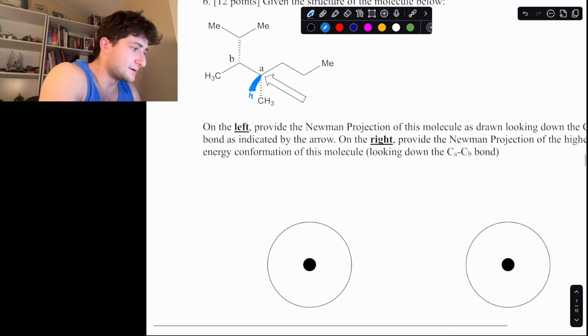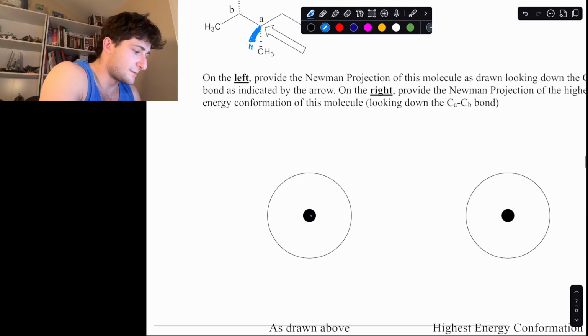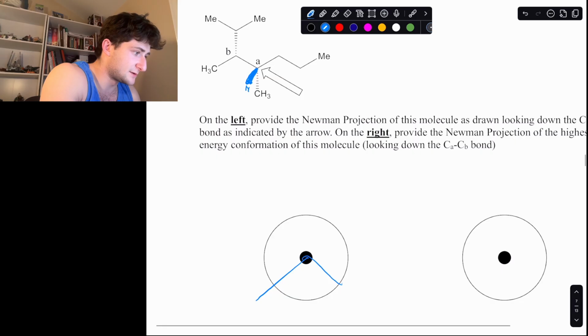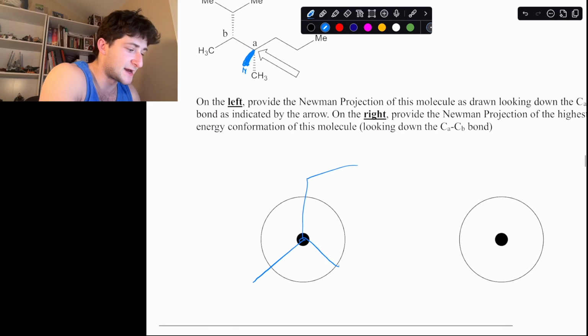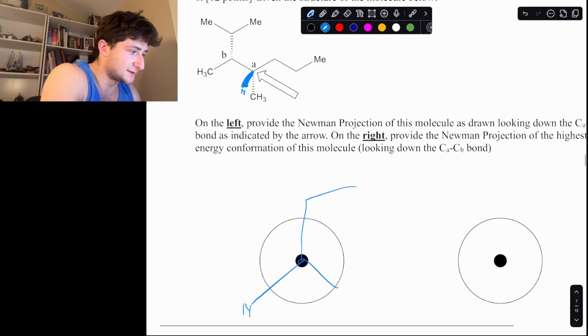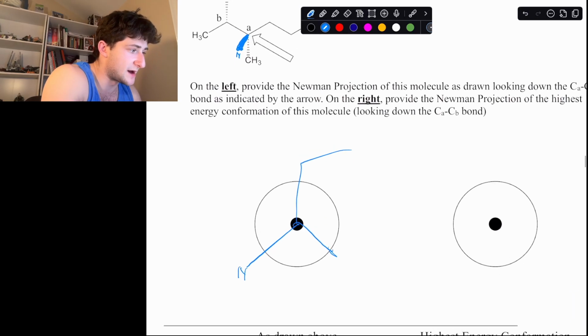Oh, and also, remember, this is going to be an upside down Y, because the two with stereochemistry are on the bottom.